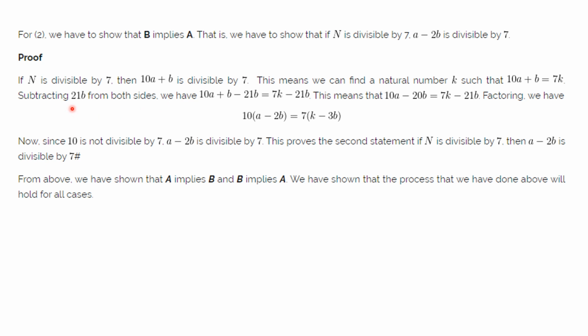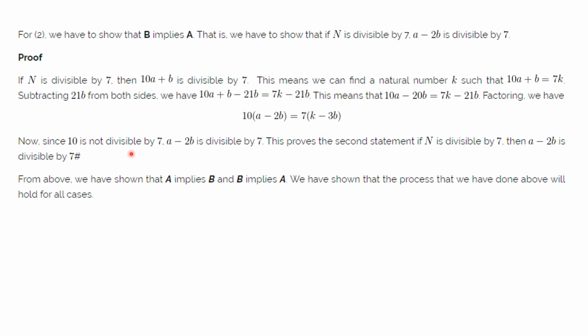Now again, what we can do in this case is subtract 21B from both sides. So we take 21B from this side and 21B from this side. But that means that 10A minus 20B is equal to 7K minus 21B. Factoring on both sides, we get this.